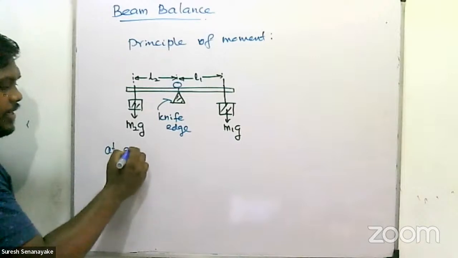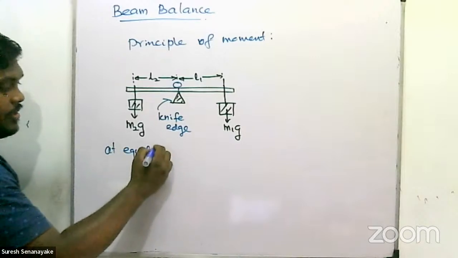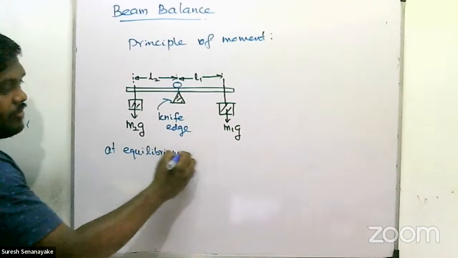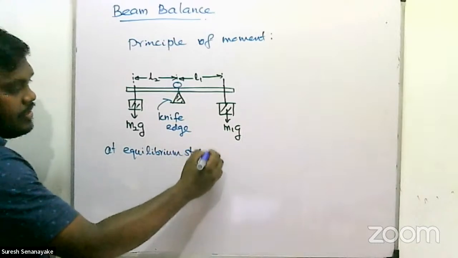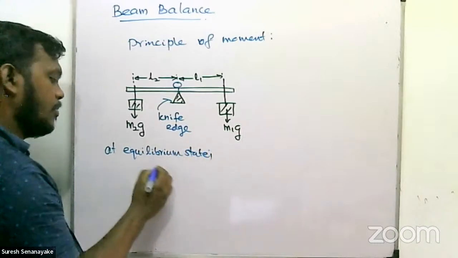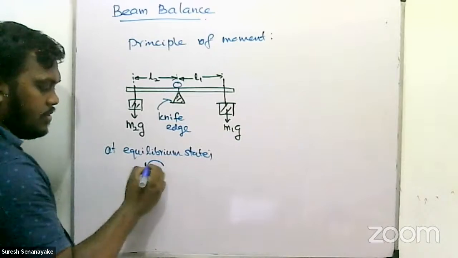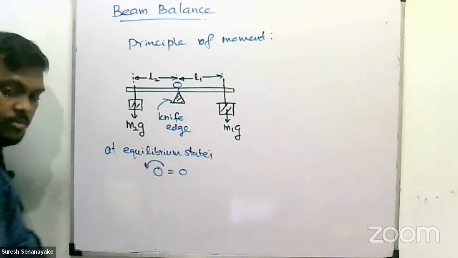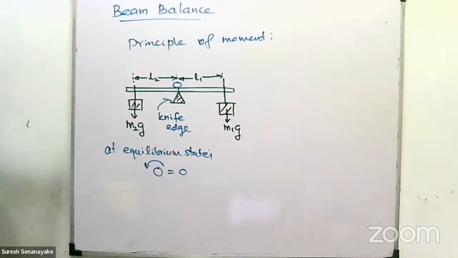So at equilibrium, the moment about O should equal zero. That's why we say the moment about O is zero.